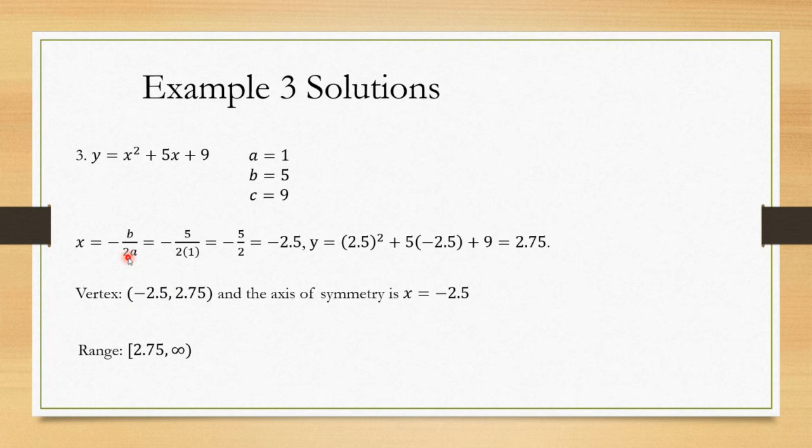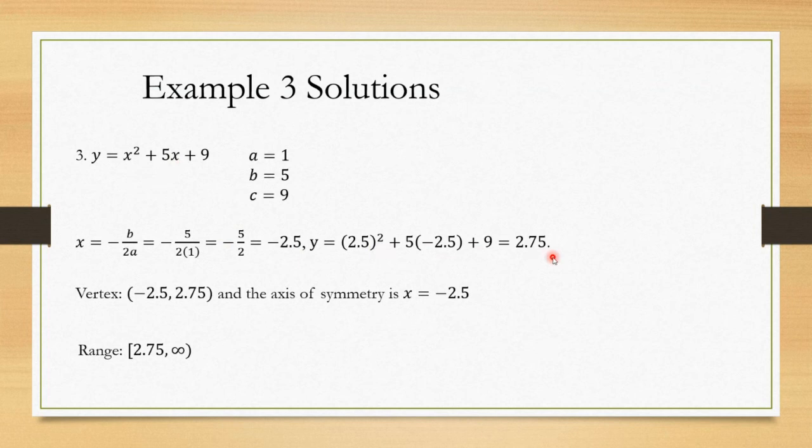So in this case, we have minus 5 over 2 times A, where A is 1, so we get minus 5 halves. That's not too terrible either. That's just negative 2.5. To get the y value, you plug the x value into the quadratic function.